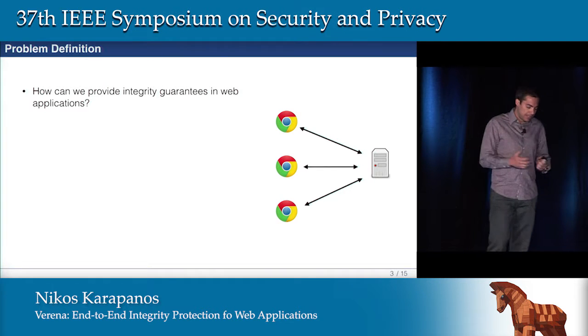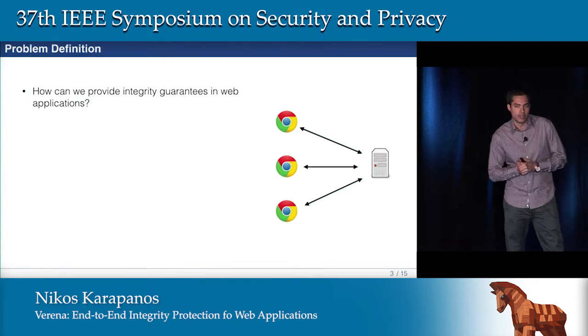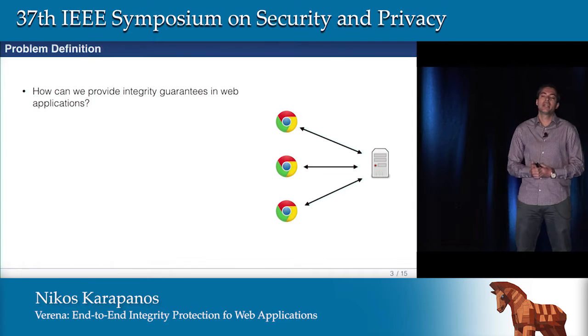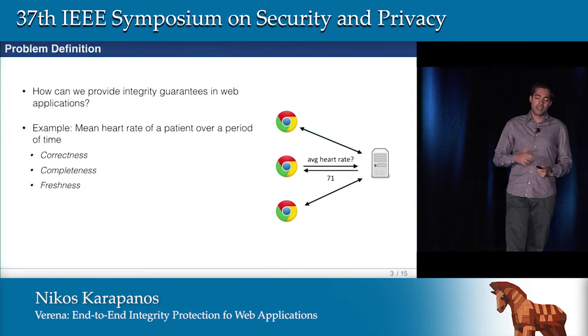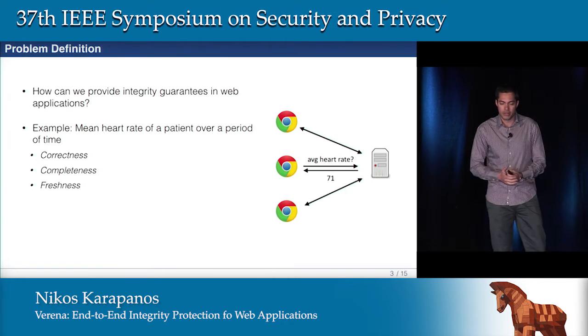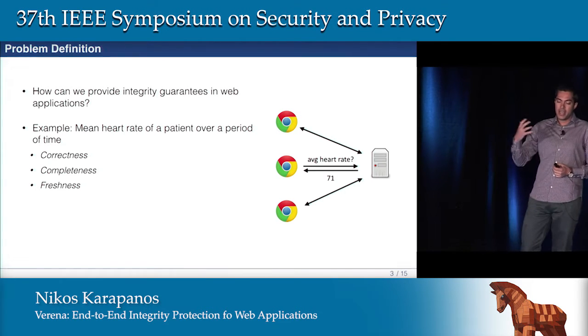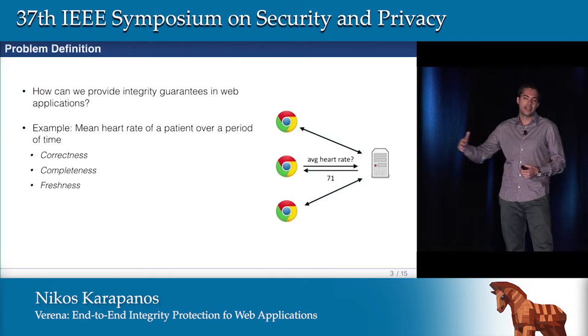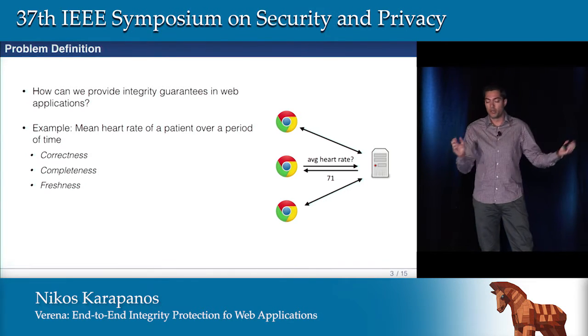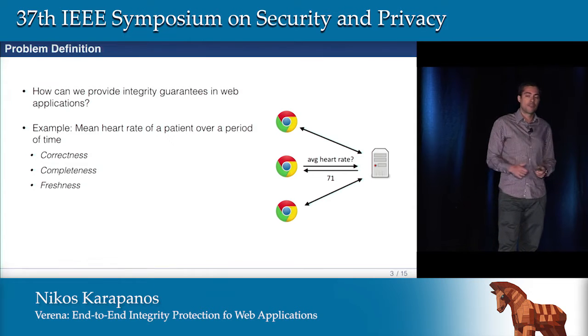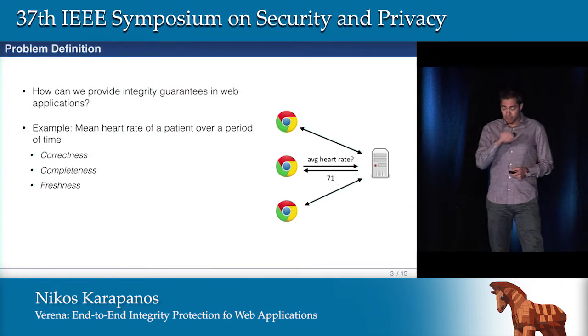So the problem at hand is how can we integrity protect and provide integrity guarantees to web applications. Just to be a bit more specific, imagine that we have this doctor that accesses the web interface and wants to see the heart rate of a patient over time, or the average heart rate of a patient over a period of time. There are a few properties that we need to make sure hold.